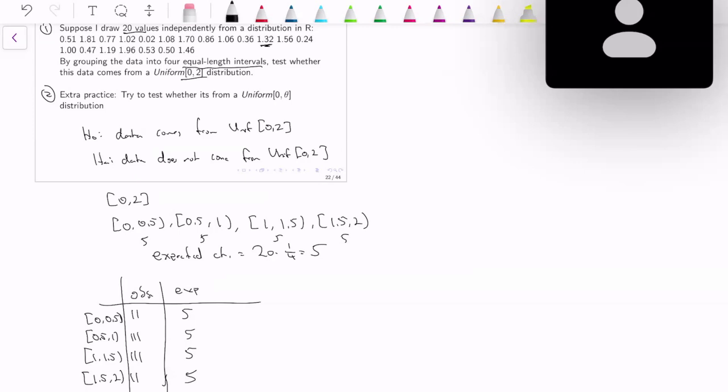So 1.32 falls here, 1.56 falls here, 0.24 falls there, 1 falls here, 1.47, 1.19, 1.96, 0.53, 0.5, 1.46. So 4, 5, 7, 4.